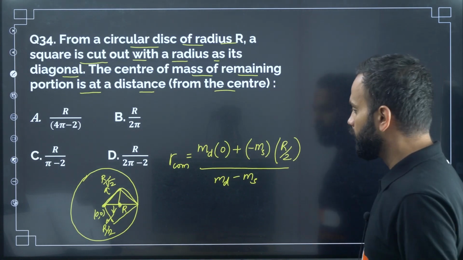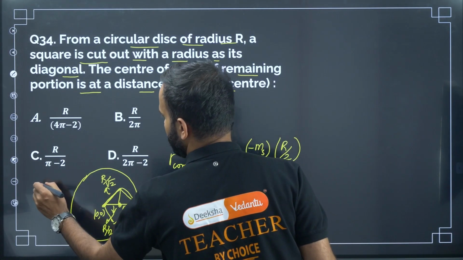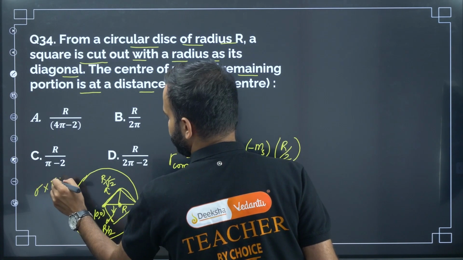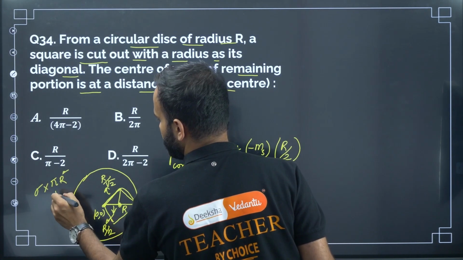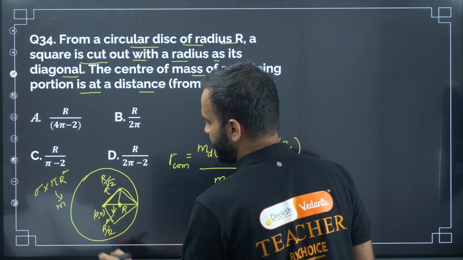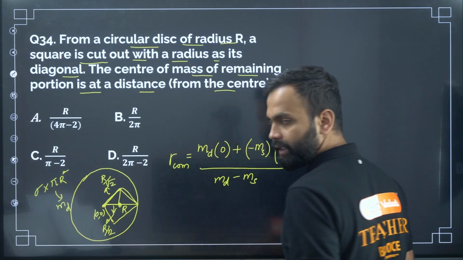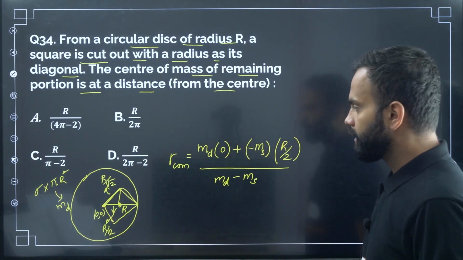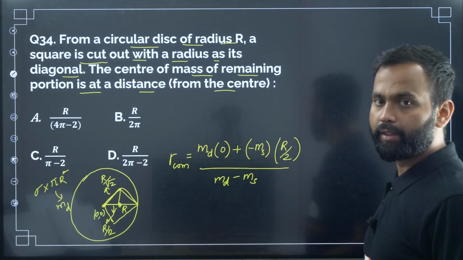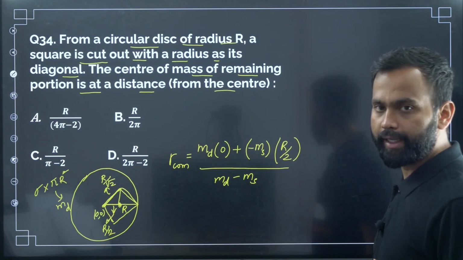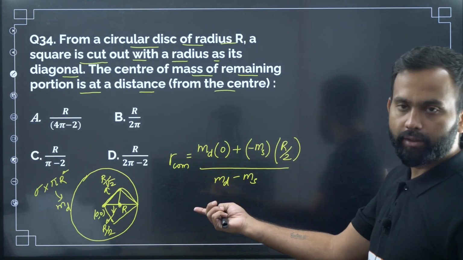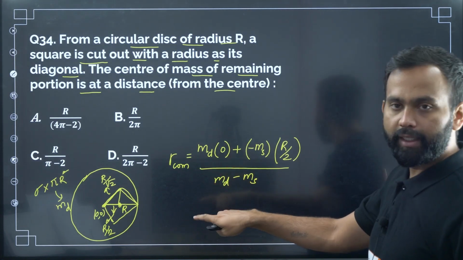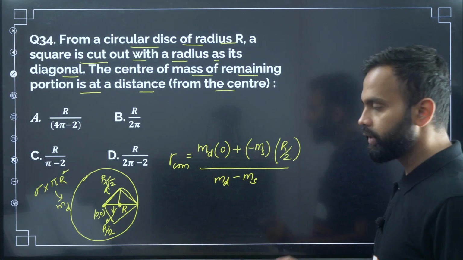Mass of the disc we know, that is sigma into pi r square, MD. Sigma is surface density. What is surface density? Mass per unit area, right? So the disc is uniform, so sigma of disc is the same as sigma of square.